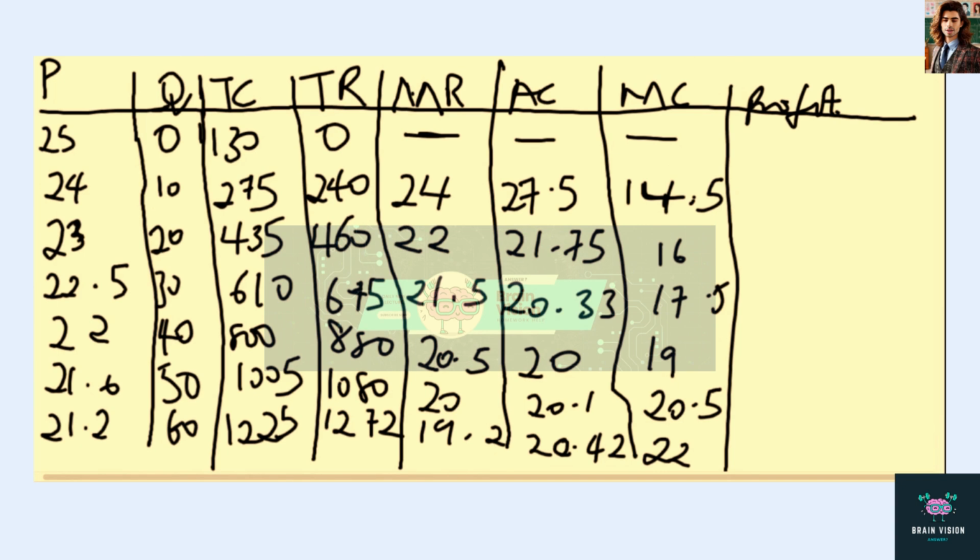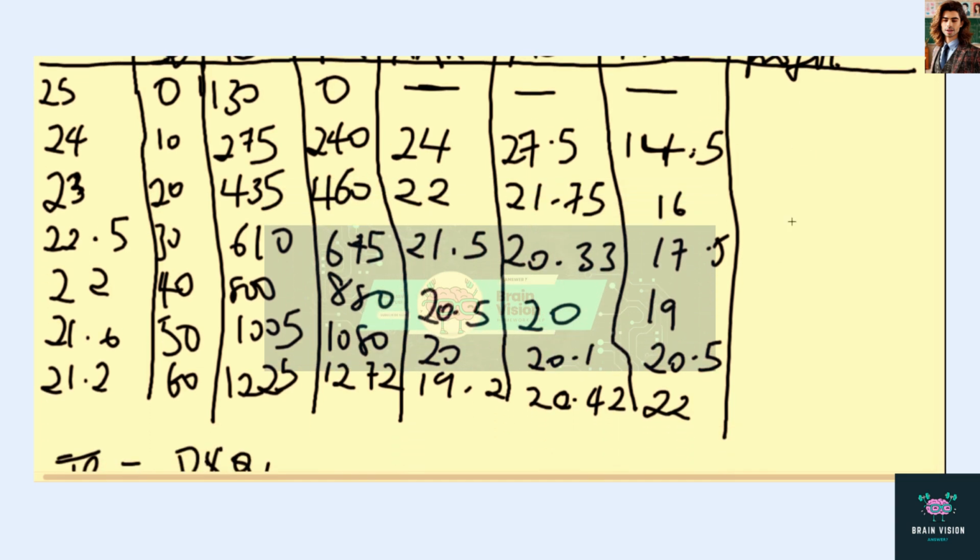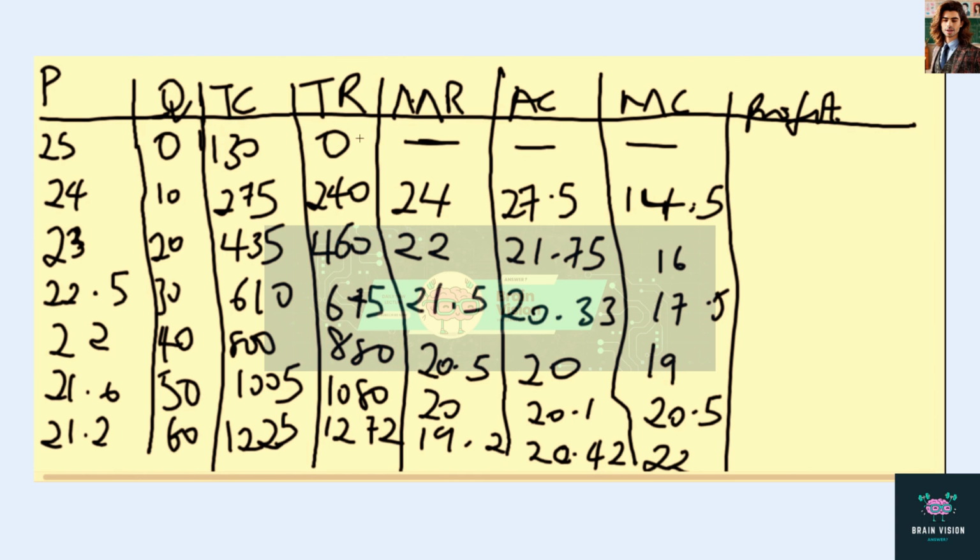If you're gaining more than you spend, the rest is always the profit. So TR minus TC. For this, 0 minus 130 is minus 130.